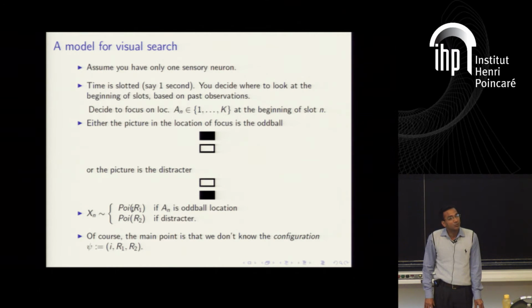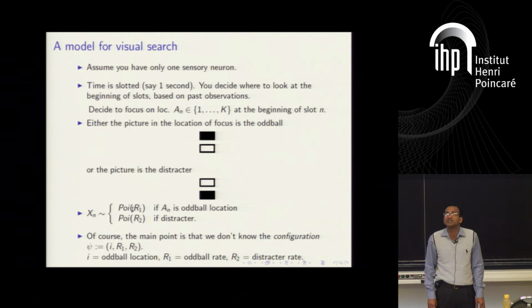It also contains the rate of the firings when you look at the oddball target, and the rate of the response when you look at the distractor. So I, R1, and R2. I stands for the oddball location, R1 for the response rate when you look at the oddball location, and R2 the response rate when you look at the distractor location. And all of these are only for one neuron. Of course, it's fairly straightforward to generalize this, under idealized assumptions, to multiple neurons when they are firing independently and so on.